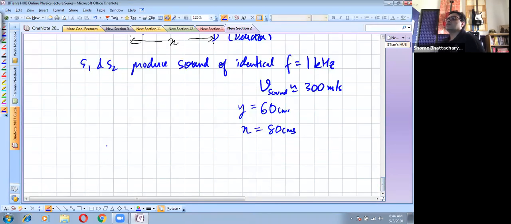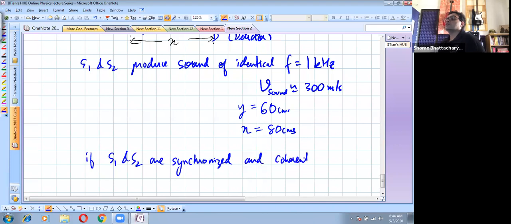And so if sources S1 and S2 are synchronous and coherent. Coherent means identical frequency.